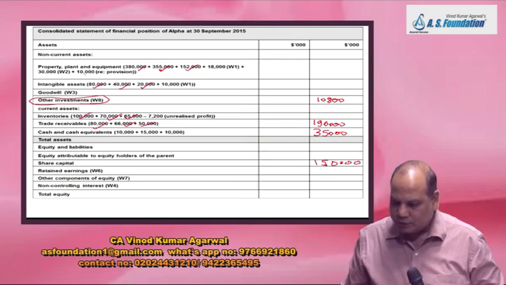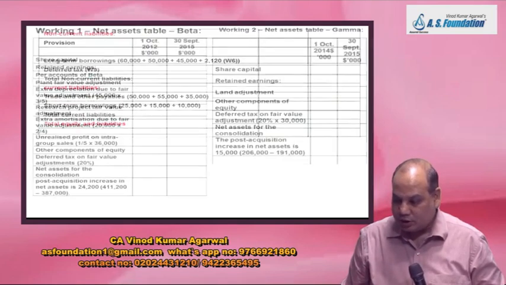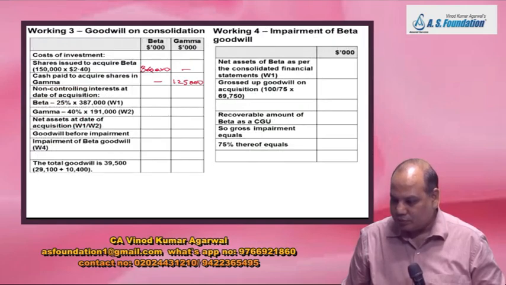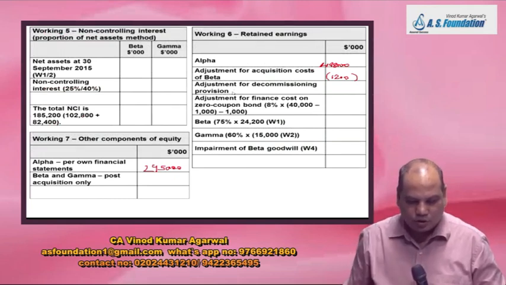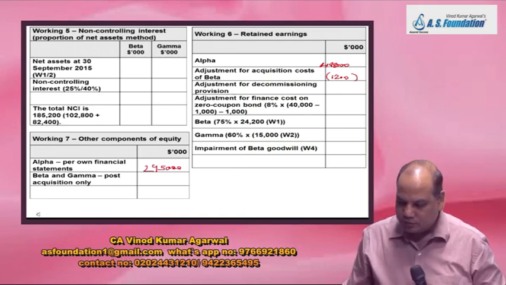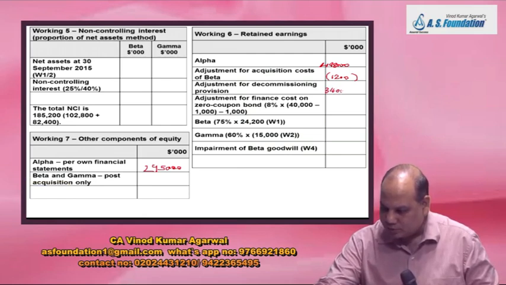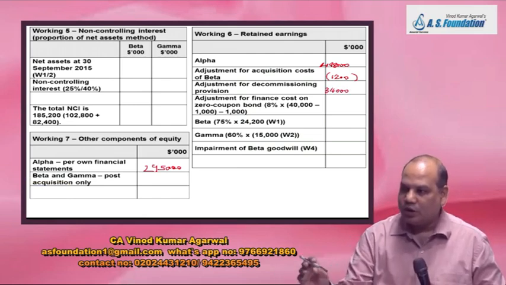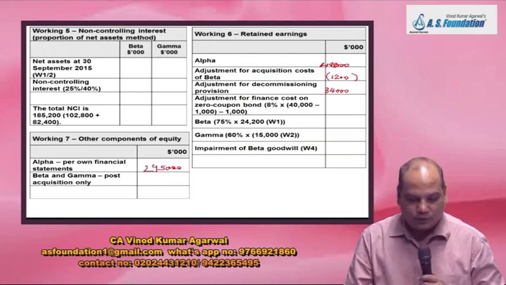Provision account debit 24,000, PPE account debit 10,000. So tick mark 10,000 provision. And retained earning account credit 24,000, because this is wrongly transferred to 34,000. So I'll just repeat the journal entry I have passed. Provision account debit 24,000. PPE account debit 10,000. To retained earning 34,000.